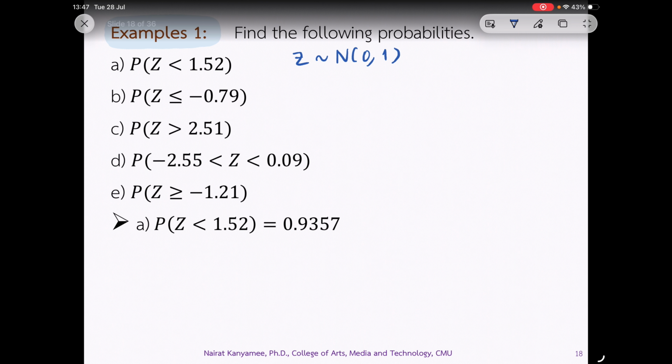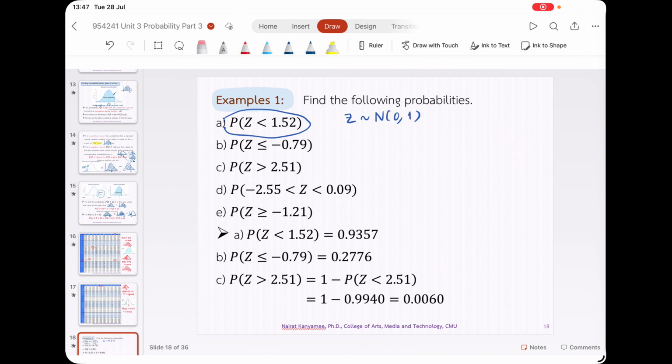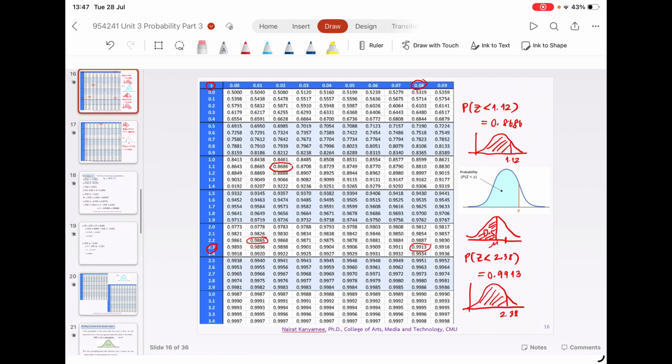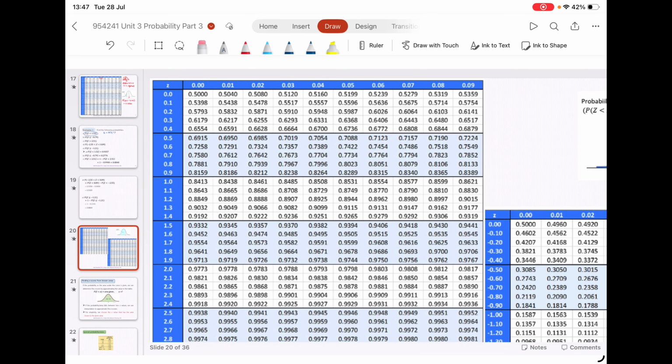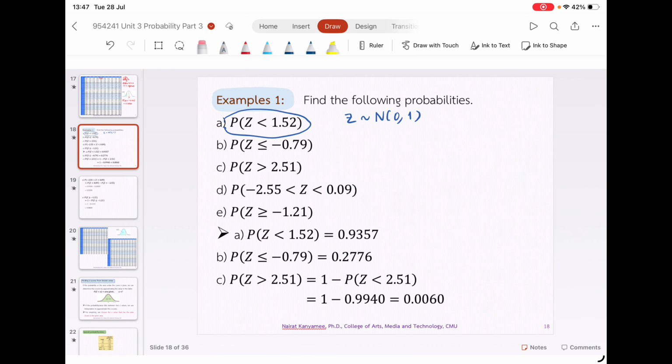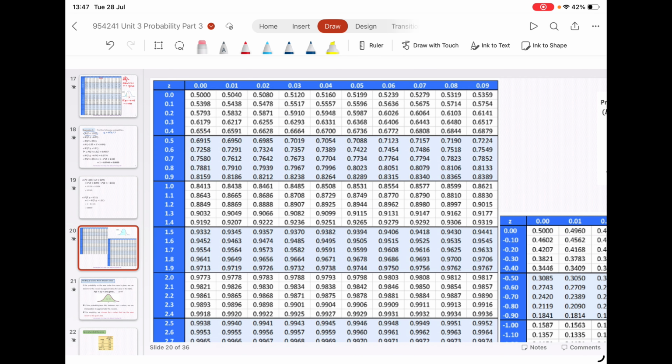So when we are looking for P of Z less than 1.52, we go back and look at the table. We look at the table here for 1.52. So Z less than 1.52.